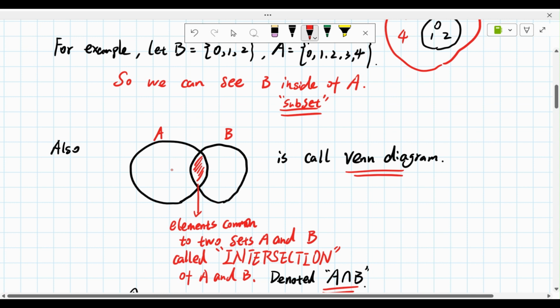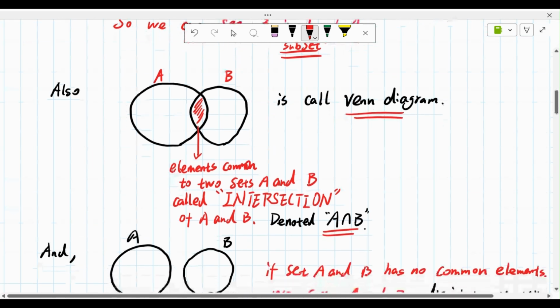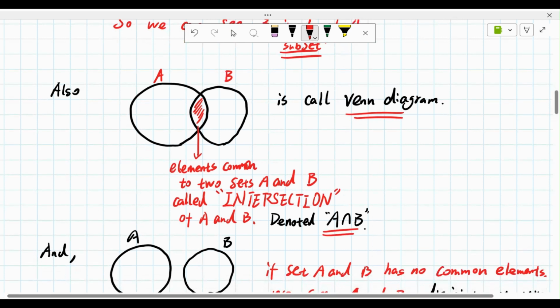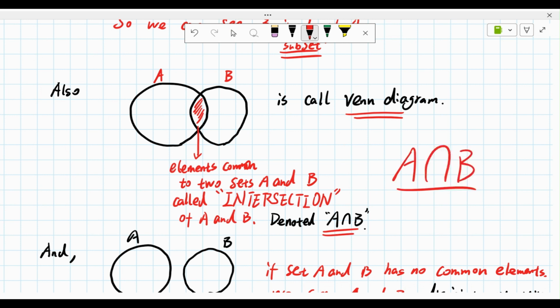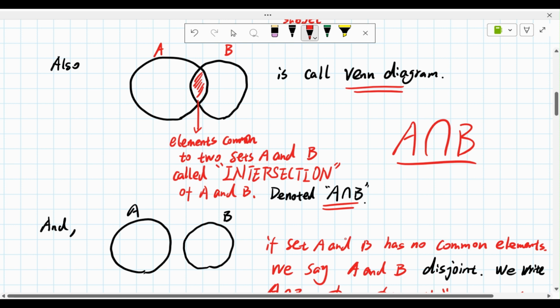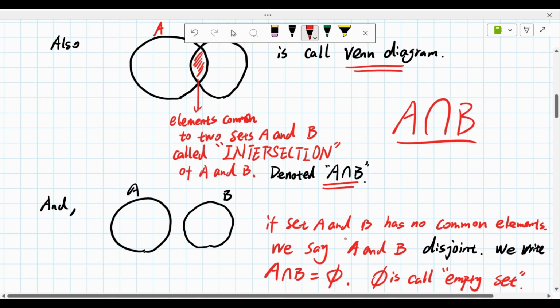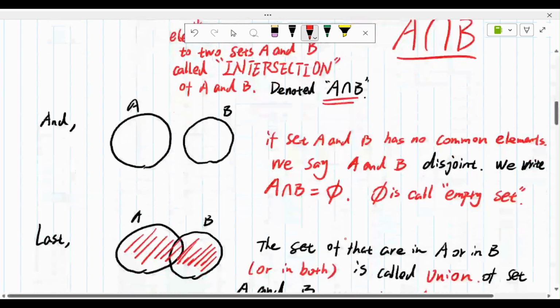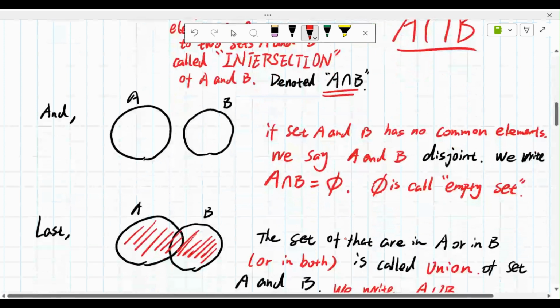We can also draw some Venn diagrams, which you're familiar with. The elements common between the sets we call the intersection, which we normally write as A intersection B. Sometimes A and B are independent and have no common elements, so we say the empty set.